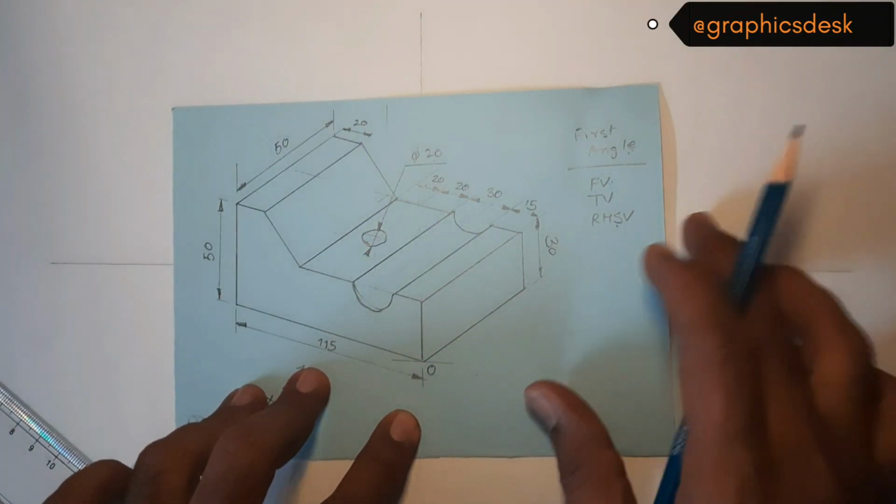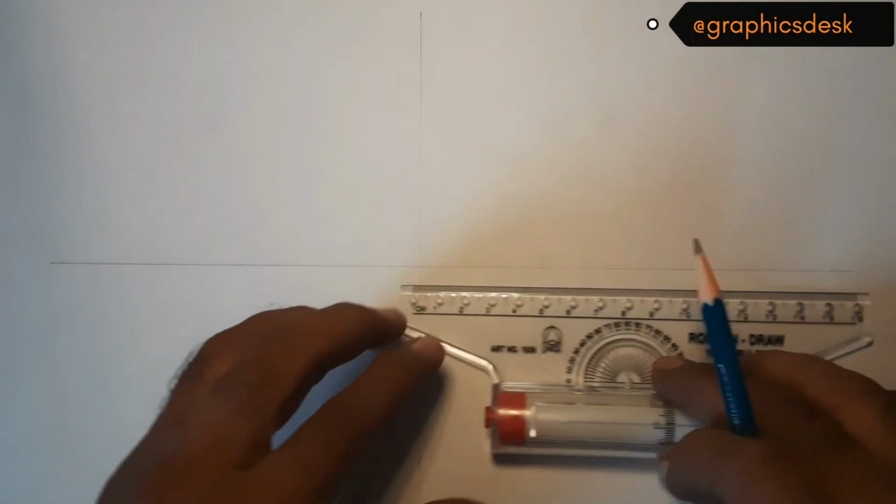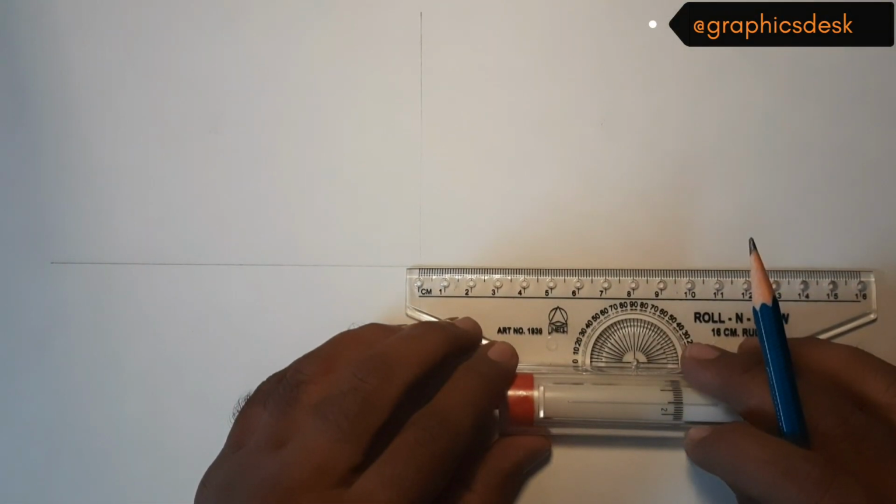So let me start with the front view, and by taking some margin above the XY line, I'll draw a line parallel to it, which will be the base of the front view.